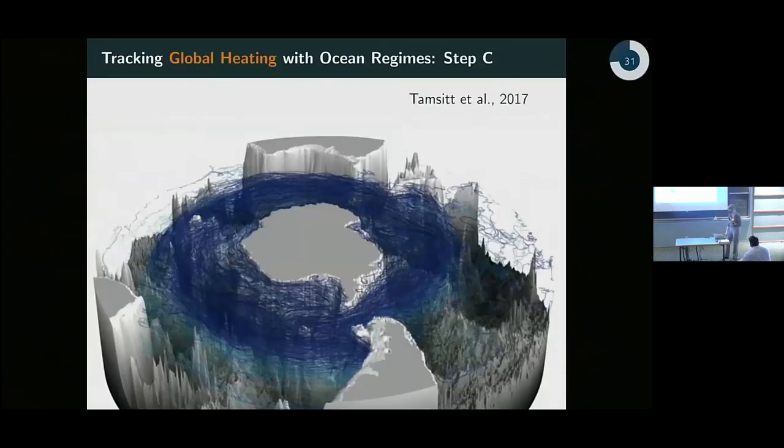And similarly, also for the Southern Ocean, this southern counterpart, this is a picture showing different trajectories of how different water parcels are rising up from the depths.